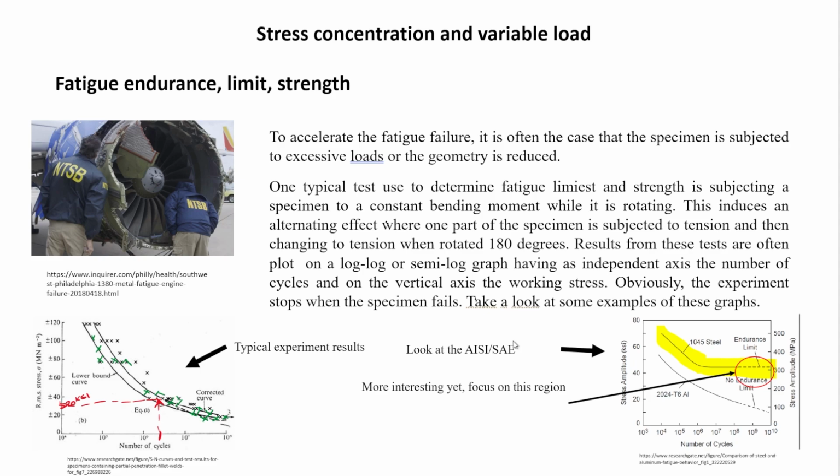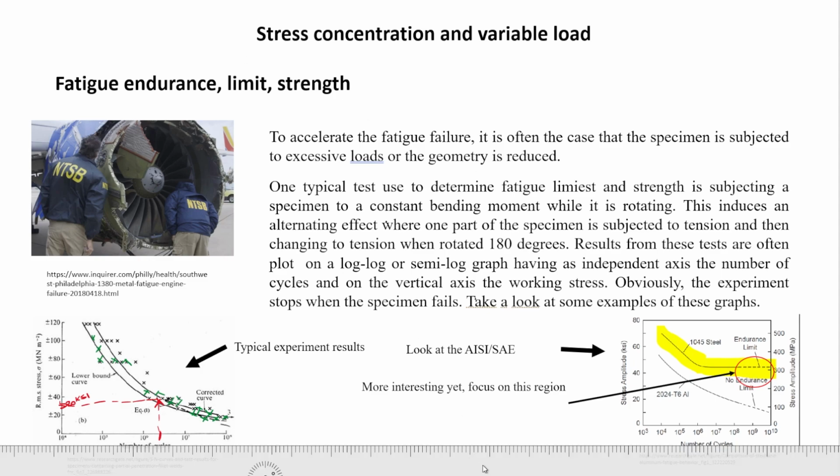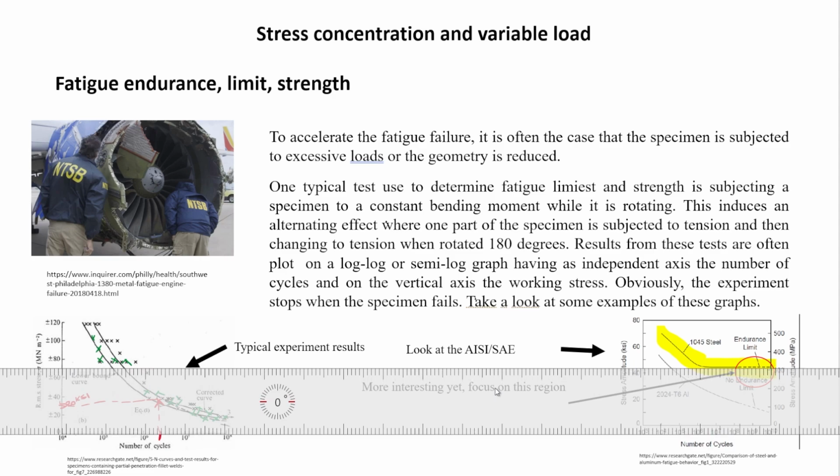When you can find a material that follows this shape, then this part that you find in here is considered to be the endurance limit, or the fatigue strength limit. Let's call it fatigue endurance. So this is the fatigue endurance.